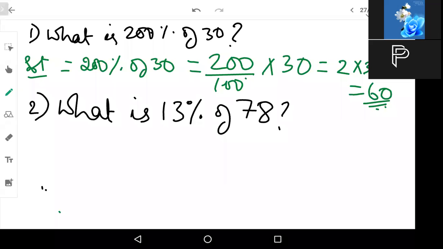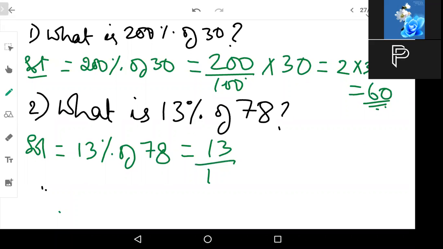Now similarly, find out 13% of 78. That was a whole number, it was easy. Very good. So now 13 divided by 100 into 78, if you calculate, you get 10.14.